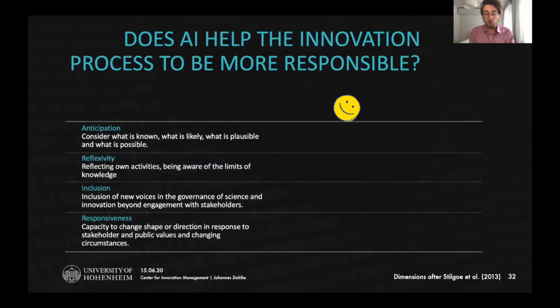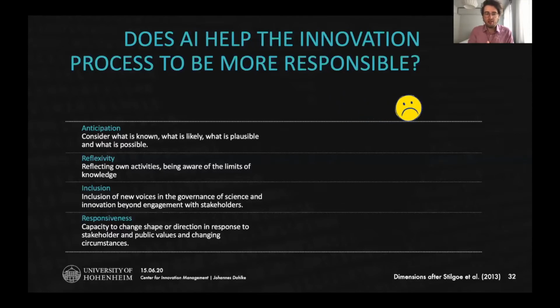So for each of these 4 dimensions, I will provide you with some positive and some negative impacts as I see AI impacting these dimensions, and then leave you to judge for yourself how these arguments weigh against each other.